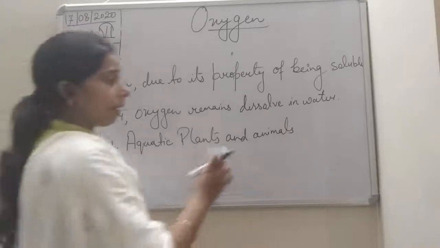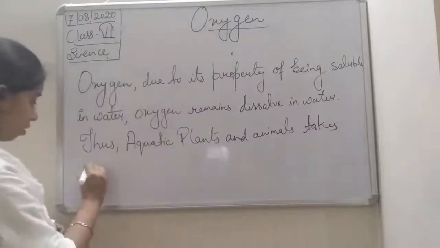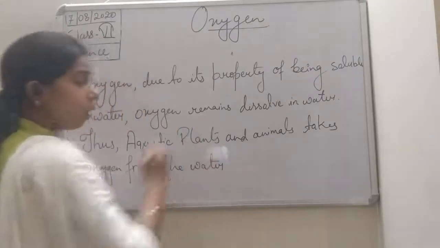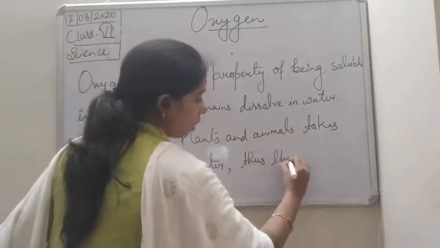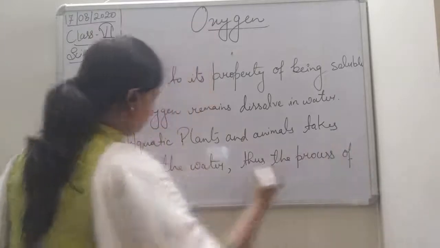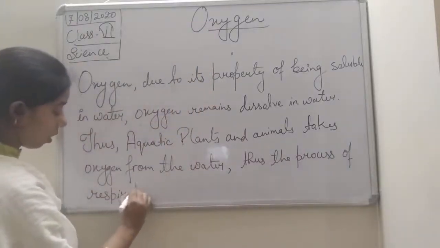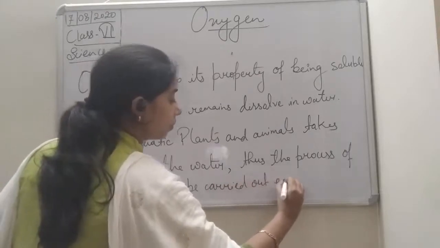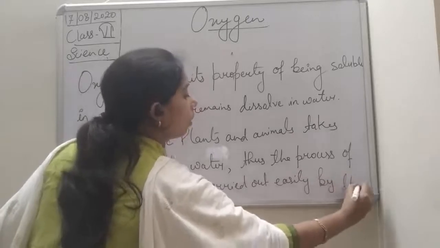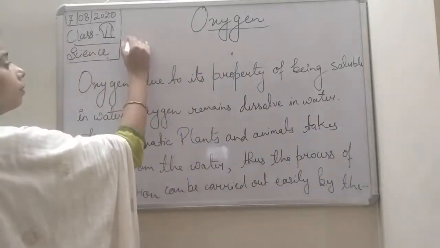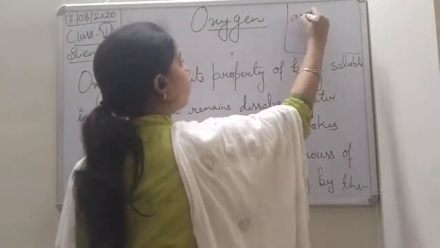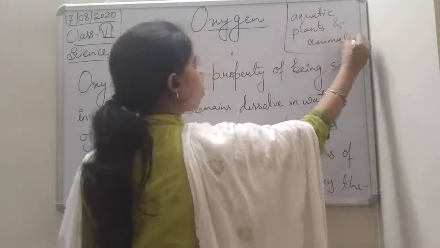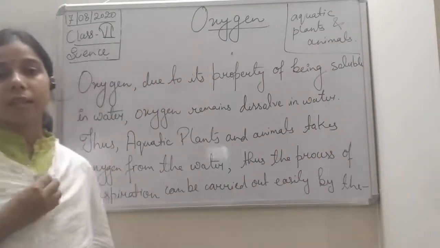So we can say that aquatic plants and animals take oxygen from the water, and thus the process of respiration can be carried out easily by the aquatic plants and animals.